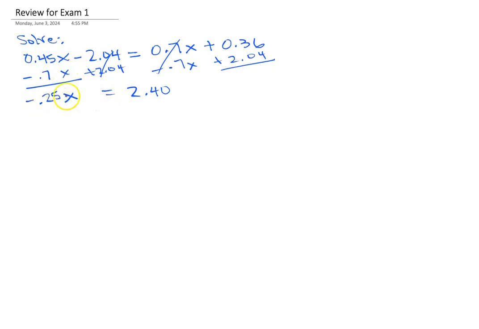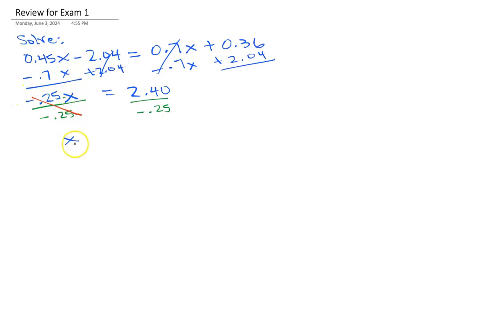And then the last thing to do, the negative 0.25 is connected to x by multiplication, right? So when something's connected by multiplication, we'll divide by that. So divide by negative 0.25. When I do that, that just becomes a 1.